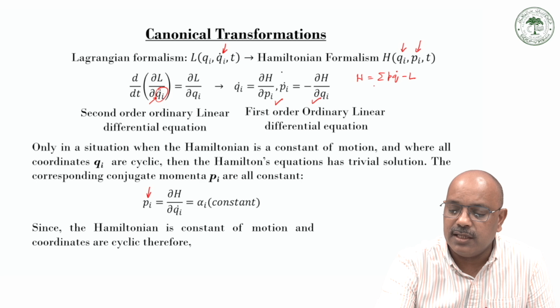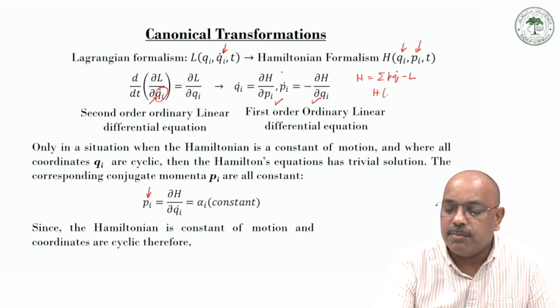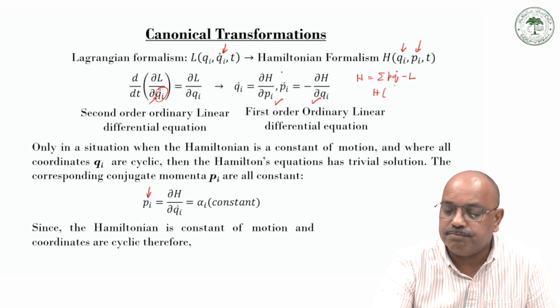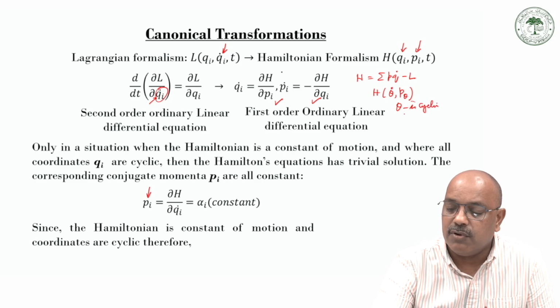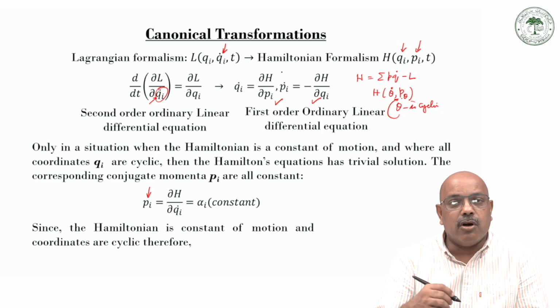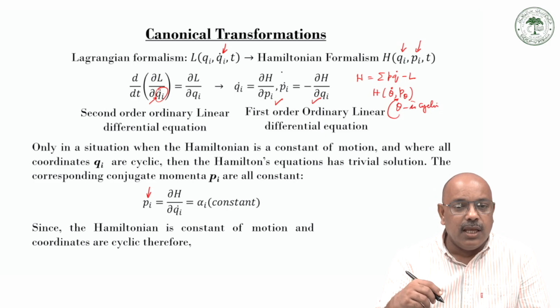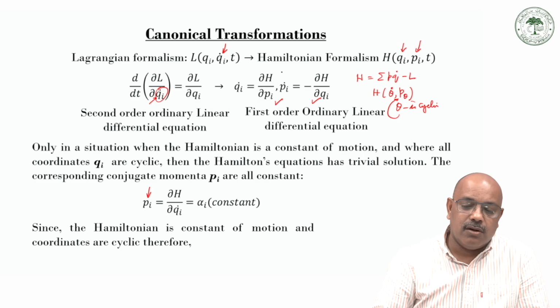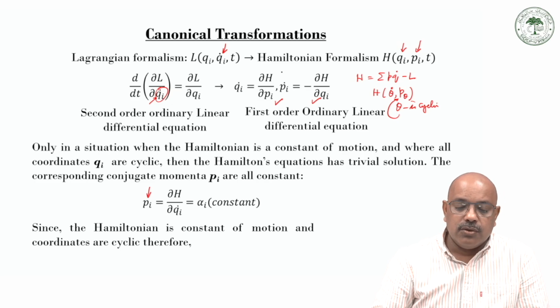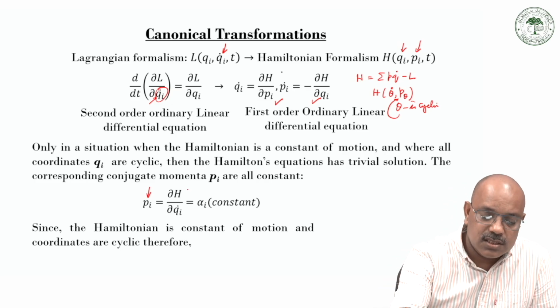If my Hamiltonian is not depending on theta, we have p theta. If theta is cyclic, then we know that p theta, the momentum corresponding to this cyclic coordinate which is absent from the Hamiltonian, is going to be a constant.